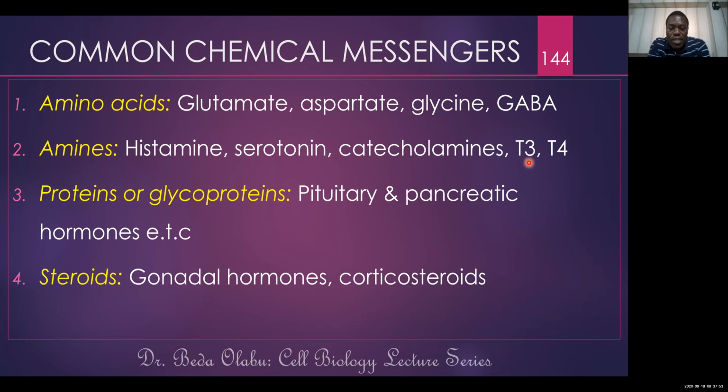You can have steroids. Steroids have cholesterol within their backbone. Examples of steroid chemicals are gonadohormones. So gonadohormones are hormones from the testes and ovary. That means they include things like testosterone, estrogen and progesterone.